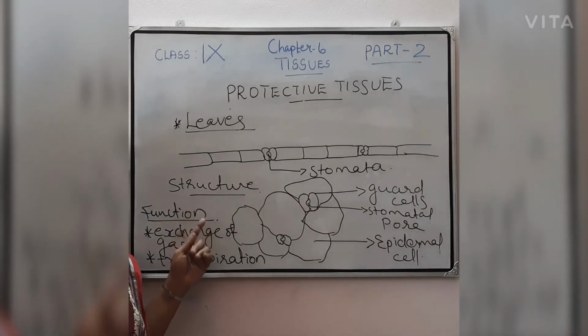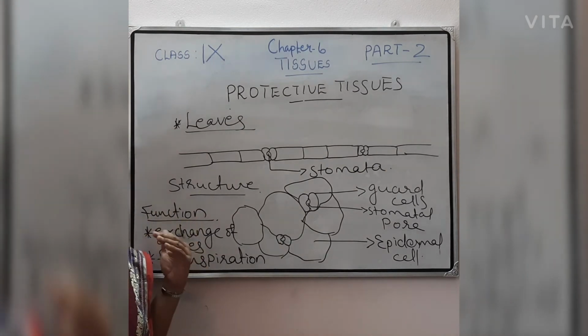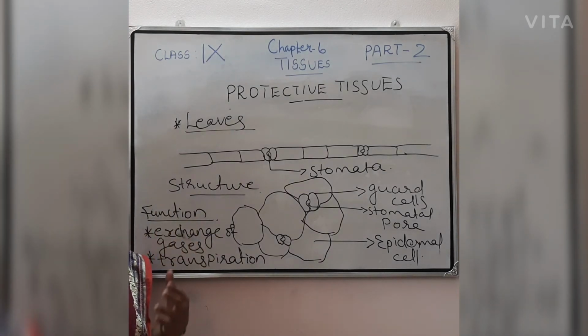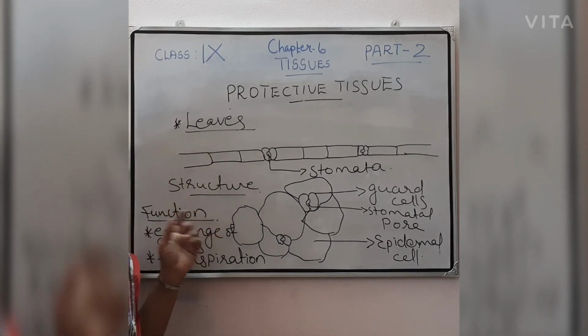So these are about the epidermis: the epidermis present on the aerial parts of the plant body, the epidermis on the root in the form of root hairs, the epidermis on desert plants, and the epidermis on leaves, and how they help. So that's about the epidermis.